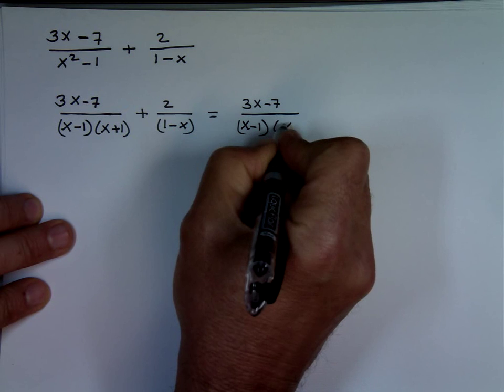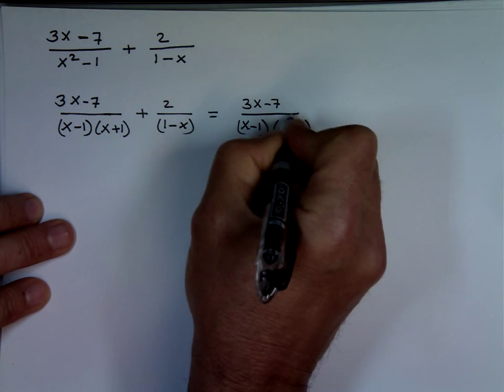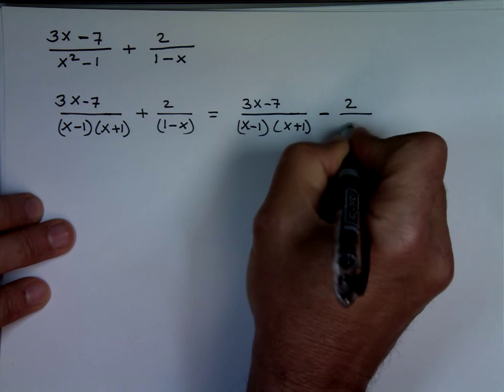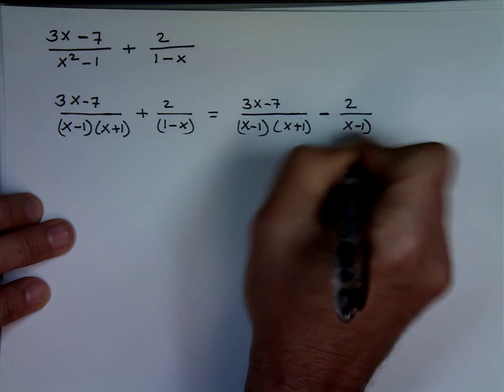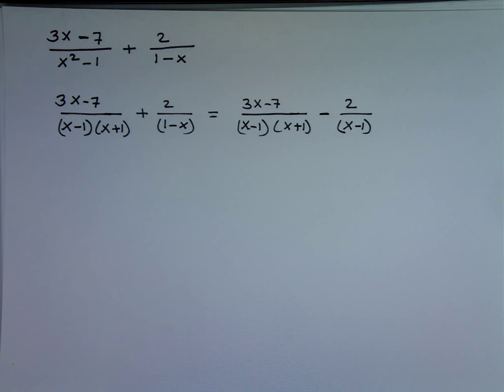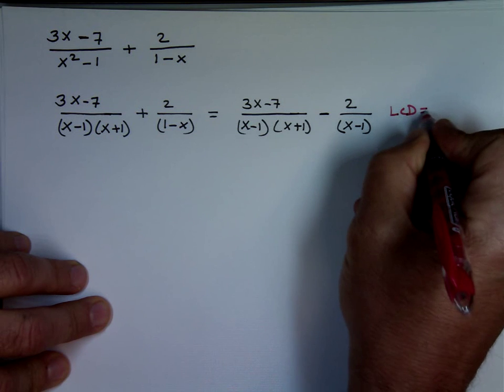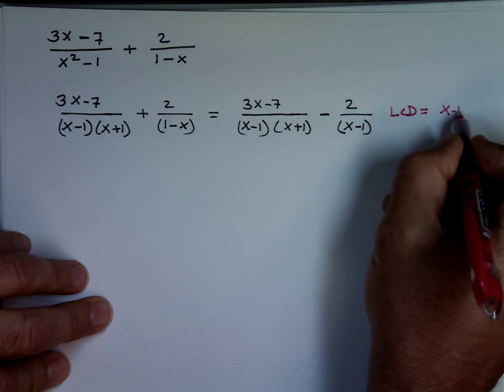Instead of a plus, change that sign to a minus, and you flip the bottom of this one. So now I know what my LCD is. It's the multiplication of all the different factors. I see x minus 1, and I see x plus 1.